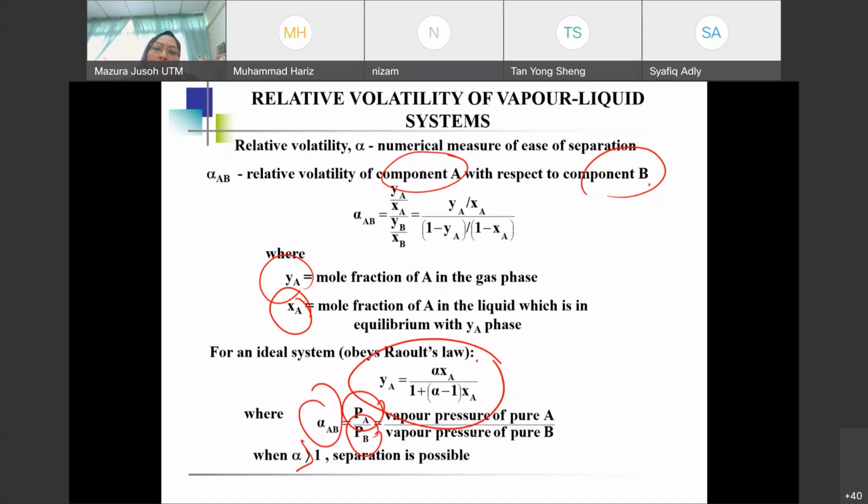If it's less than 1, then it's not possible. So this is how you decide whether the distillation column is actually possible to be used as a separation means for your mixture.